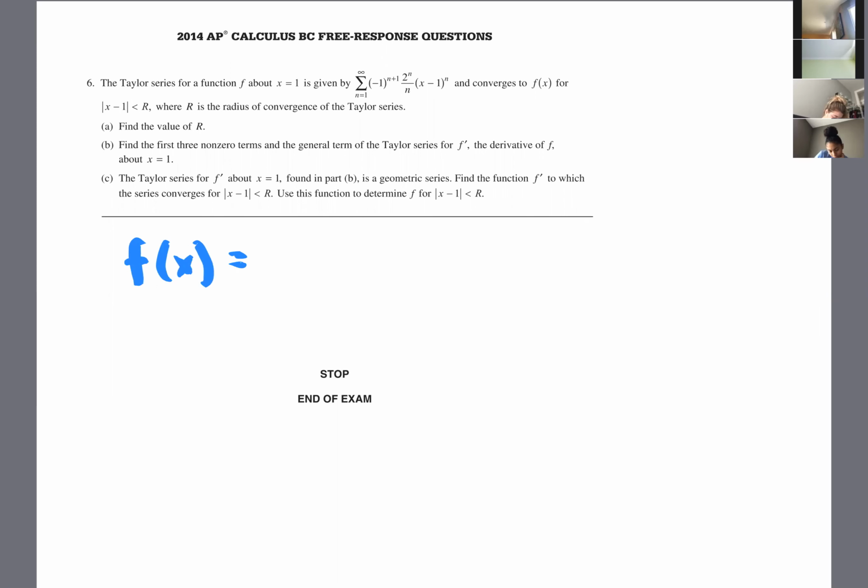I'm gonna bring the n to the front, and that's gonna cancel out with this n. Ah, this is annoying. I don't remember doing anything to my settings. I don't see it holding down.